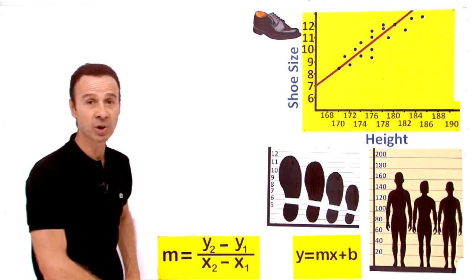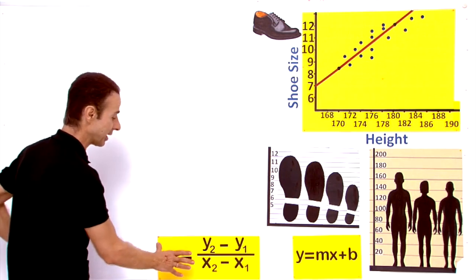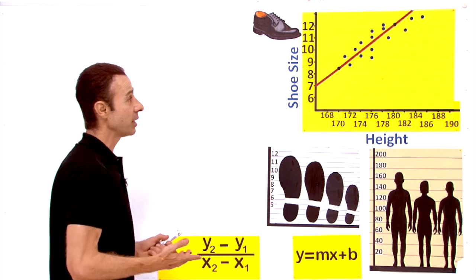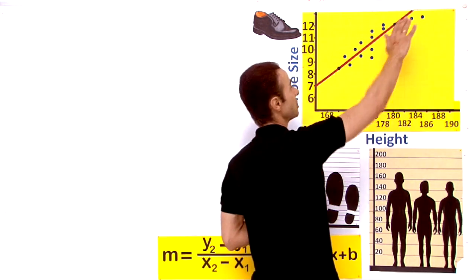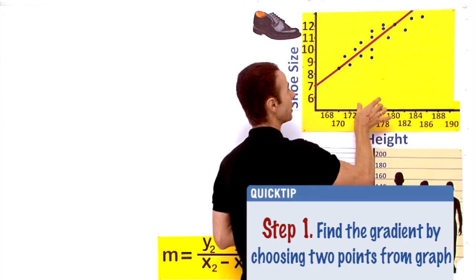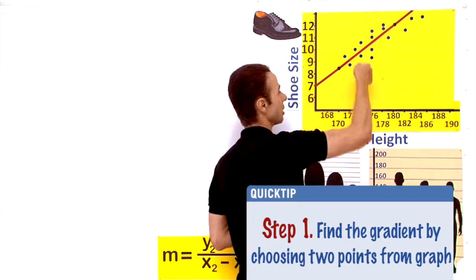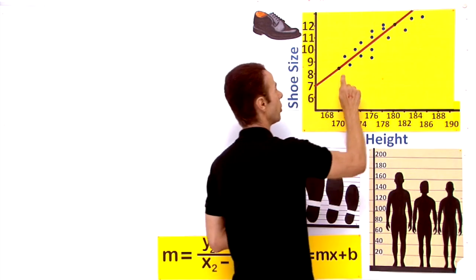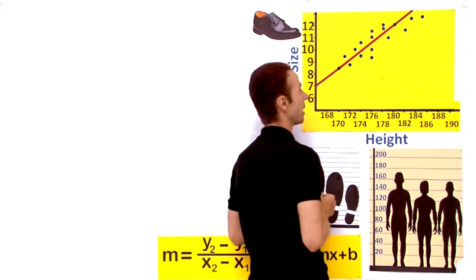So step number 1, we're going to use the gradient formula right here so we can work out the gradient or slope for this line. Now if we look at this, you can actually find some points. You could find any point that goes on here and across there. You can find 2 points. I like to look for whole numbers. There happens to be 2 points already on the scatter plot.